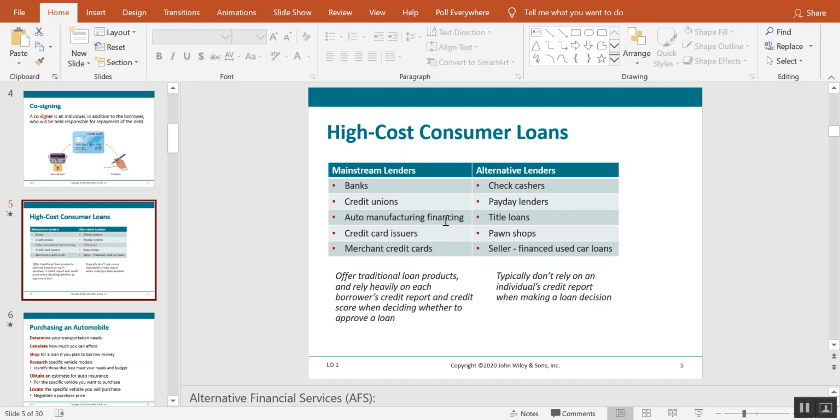And by the way, that manufacturer financing will not be as inexpensive as a bank, but it won't be terribly expensive. It won't be as expensive as going to one of these alternative lenders. Credit card issuers, the interest rates are higher there.